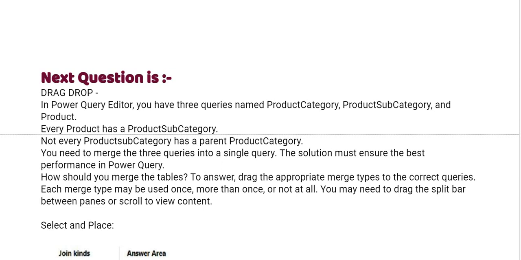The solution must ensure the best performance in Power Query. How should you merge the tables? To answer, drag the appropriate merge types to the correct queries. Each merge type may be used once, more than once, or not at all. You may need to drag the split bar between panes or scroll the view content.